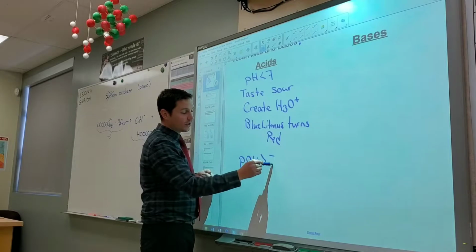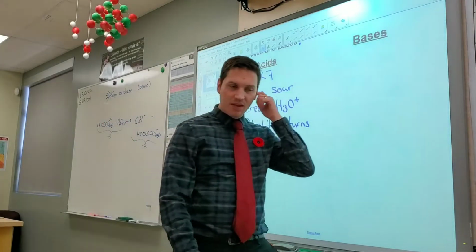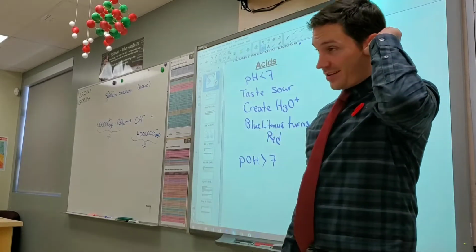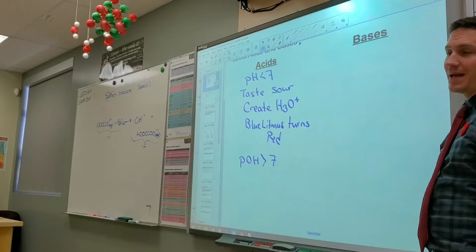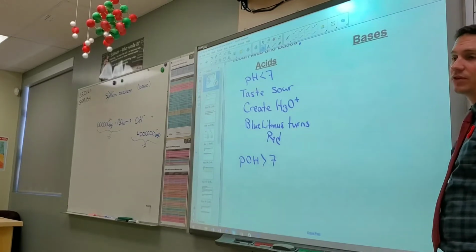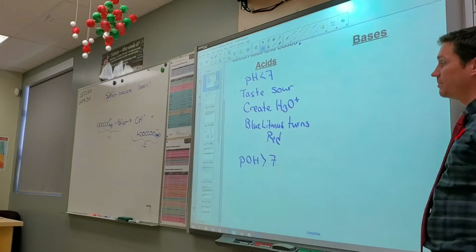So its pOH needs to be greater than 7 because pOHs and pHs are opposite. Now remember, always, if you're trying to figure out if something is acidic or basic, always bring it back to the pH. That's the best way for you to identify, is this thing acidic or is this thing basic, right?